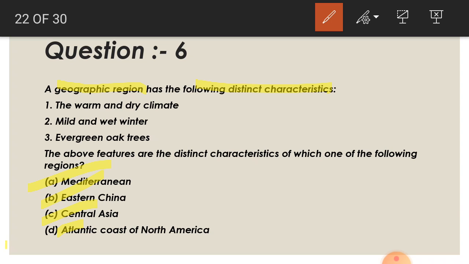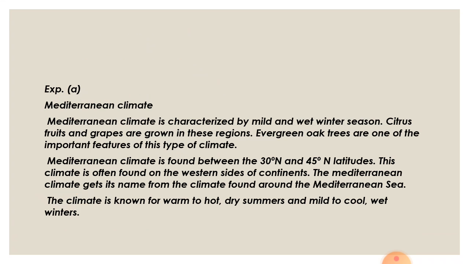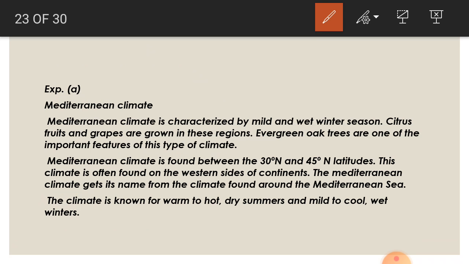The features are: a warm and dry climate, mild and wet winters, and evergreen oak trees. Wet winters mean there is rainfall in the winter season. So our answer will be the Mediterranean climate.